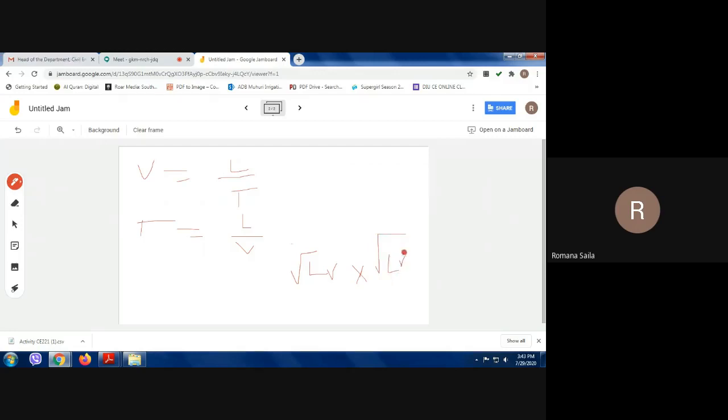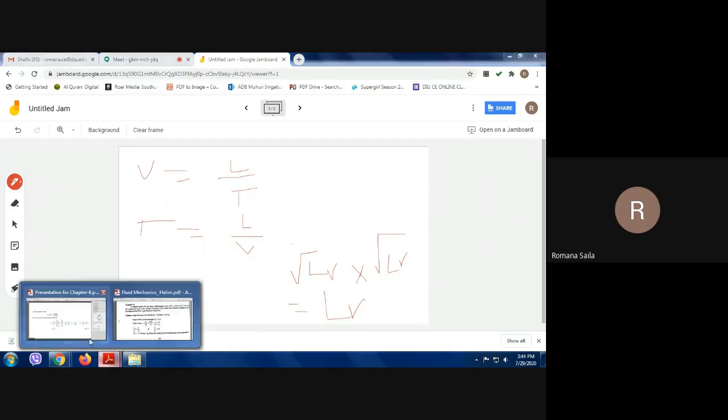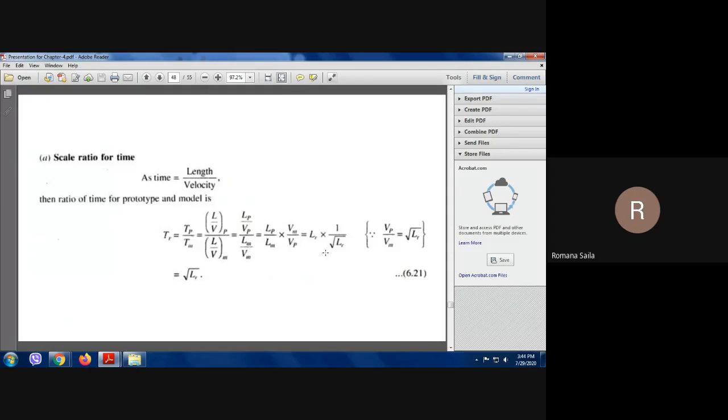So here we have two root over LR in the numerator and one root over LR in the denominator, so one root over LR and one root over LR will be gone. Only one root over LR will remain. So now we have the scale ratio for time equal to root over LR.